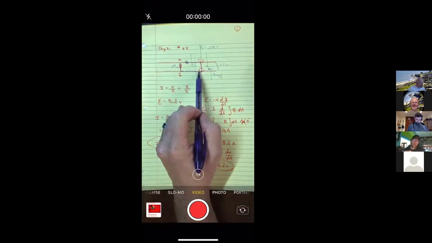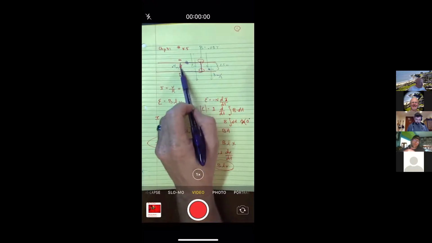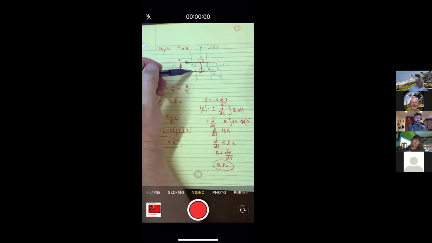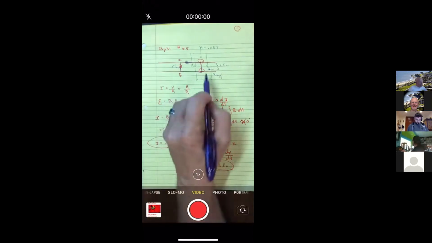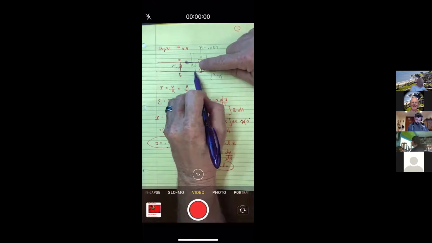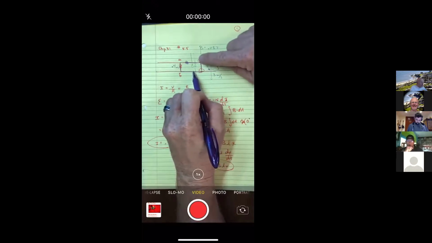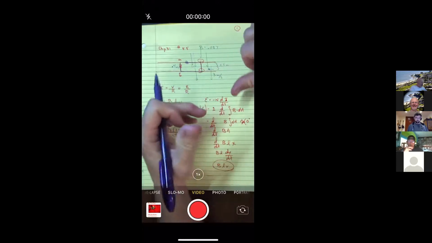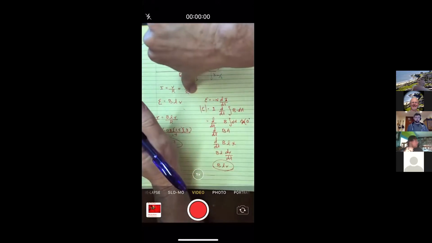If we talk about the direction of this current, since the field is going down, as the train rolls this way, there would be less flux down. So to make up for that loss of flux, this is Lenz's law, the secondary field would want to be down.